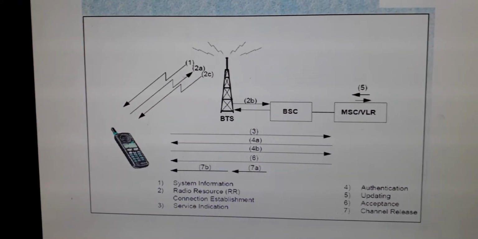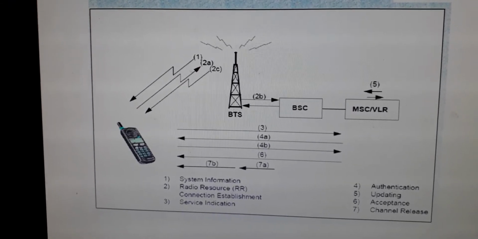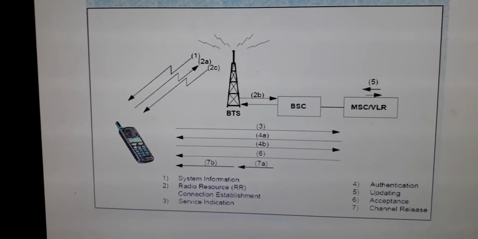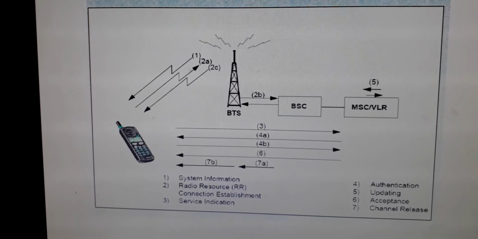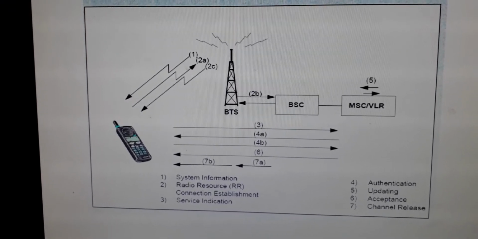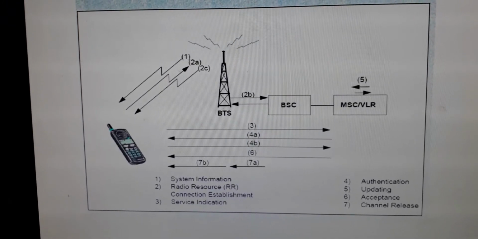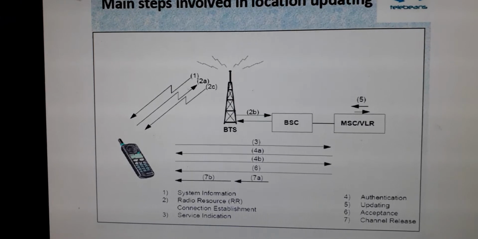The main steps in location updating are system information, radio resource connection establishment, service indication, authentication, updating, acceptance, and channel release.